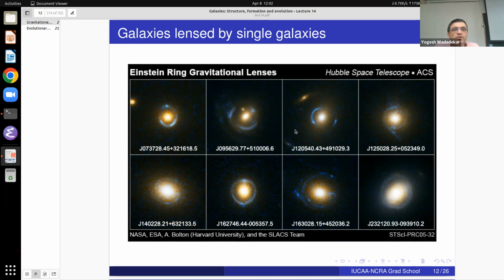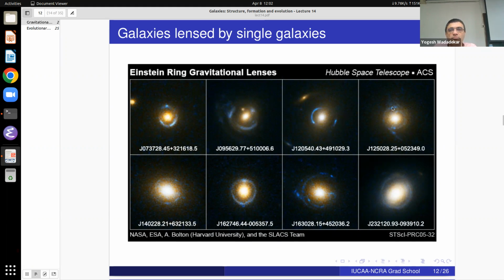This is an example of galaxy lensing. What you see, this is with the Hubble Space Telescope, and these are Einstein rings of galaxies, typically blue galaxies in the background, lensed by a massive galaxy in the foreground. This is the lens, and this is the lens.